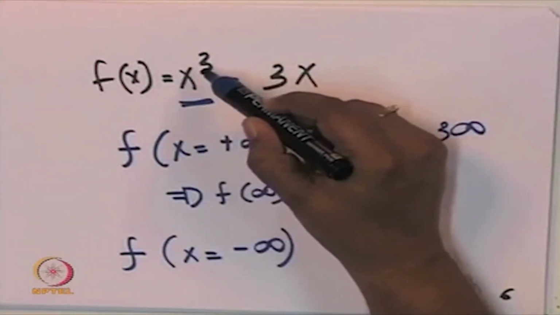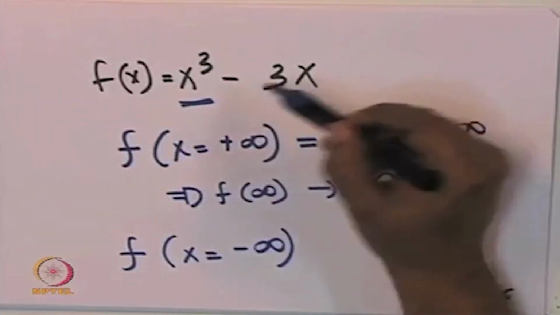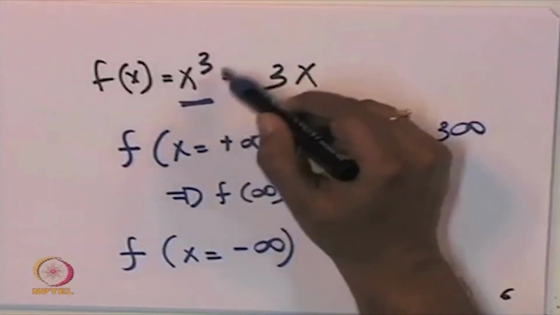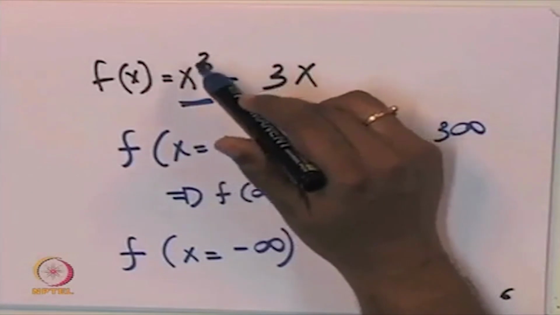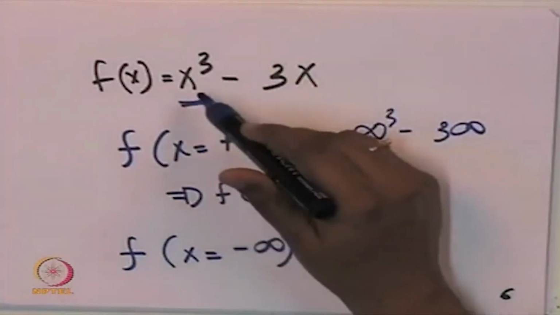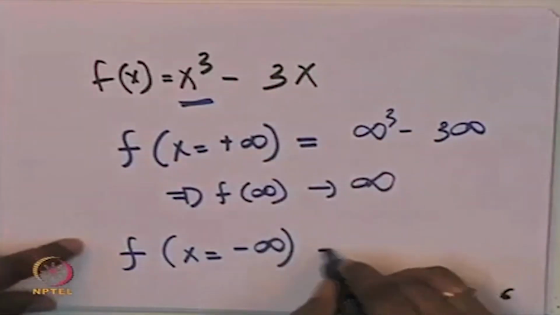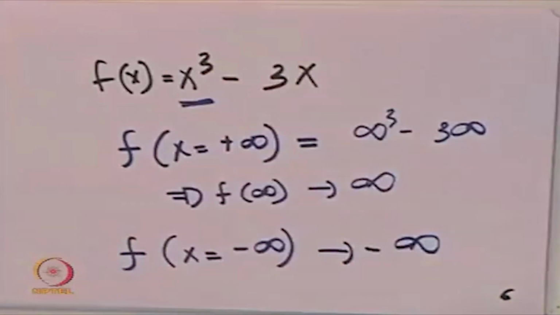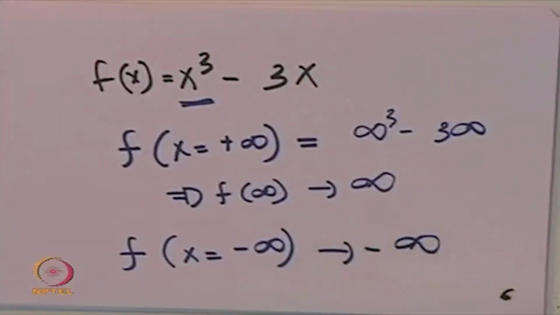For example, if x is 10, x cube is 1000 and x is just 10. So, 1000 is much larger than 10. Whatever be the sign of this 1000, that will be the dominating sign. So, x cube is the dominating term, and as x goes to minus infinity, this function goes to minus infinity, because this is how this cubic function goes.